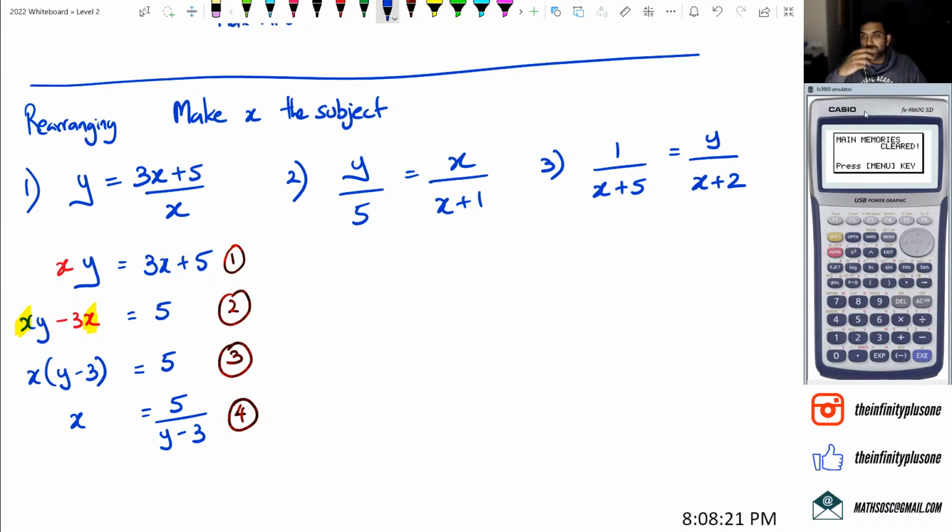So I'll put up number 3 there for you guys as well to have a go. So try number 2 first, and then try number 3. Let's see how we go with that, and then after that we'll start doing some square root questions for rearranging.